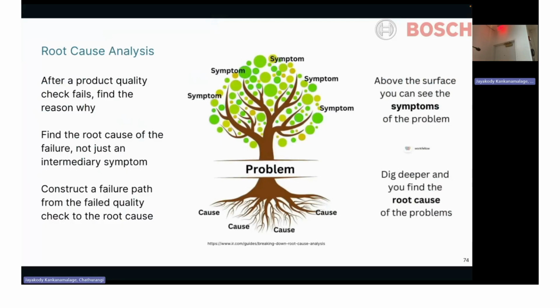Typically what happens is something happened 3 stations back, and then the problem cascaded, right, until finally it failed this quality check. So what we want is actually what's called a failure path. So we want to know the first time the anomaly occurred, and then every subsequent time that a malfunction occurred because of that original anomaly, right? So this is what we call the failure path. And this is what we're really after.